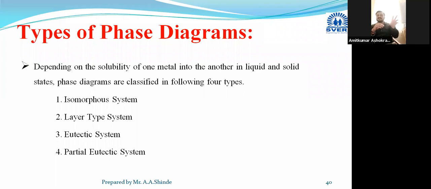On the left side they will provide the names of phase diagrams: isomorphous system, lever type system, eutectic system, and partial eutectic system. And on the right side they will provide the alloy names, like copper and nickel, then thorium and titanium, then silver and tungsten. Some few examples are there.